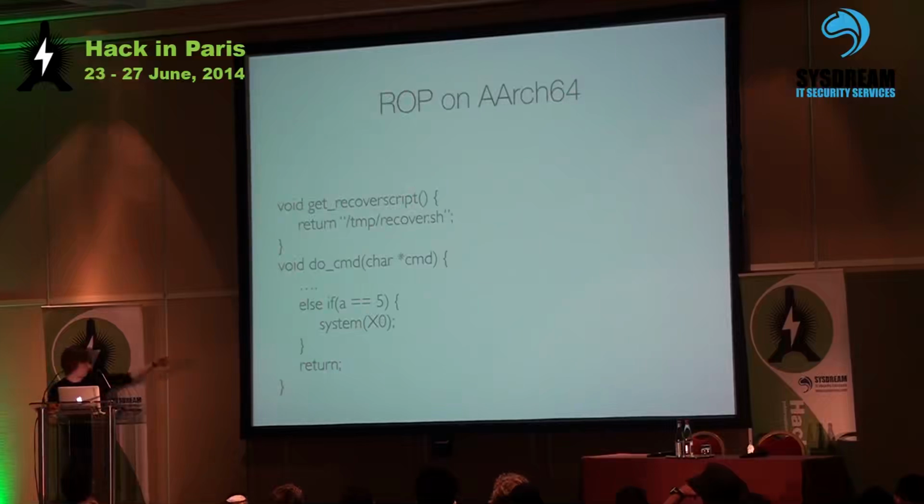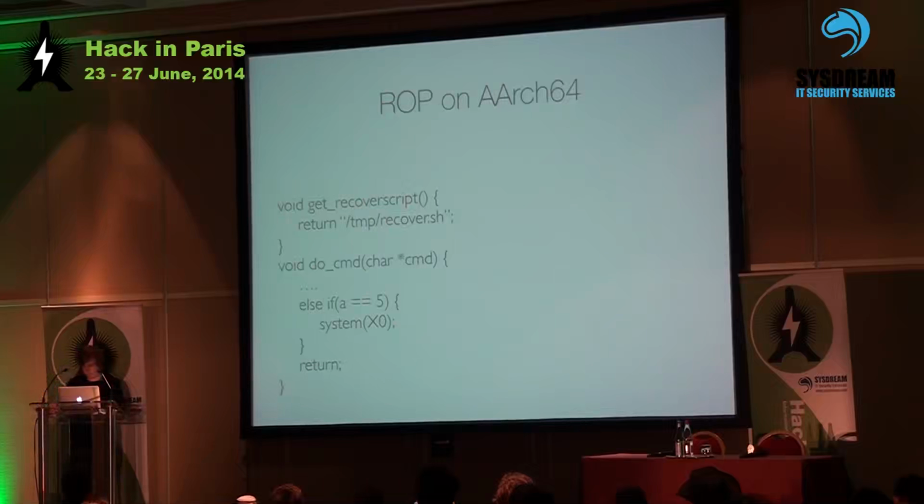But I was able to find a stack overflow in the bootloader itself, which could be triggered by a USB protocol message where you can just have full control over the stack. And after a while, I found this reverse engineered stuff in the bootloader, which basically allows me to execute whatever I want on the system, given that I can control the recovery shell script, which I actually can.